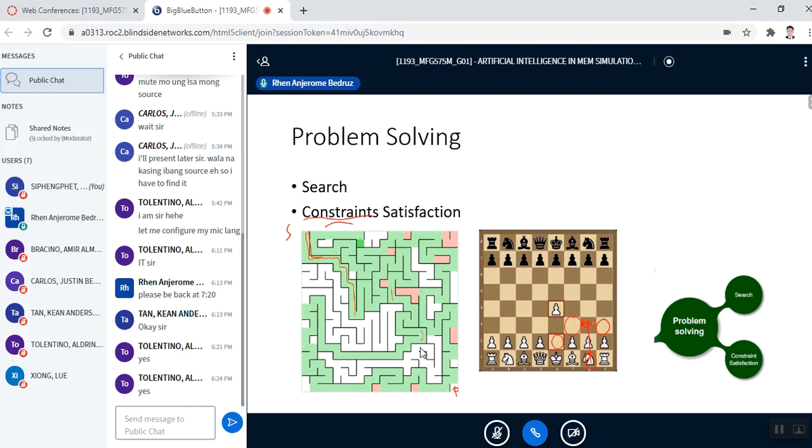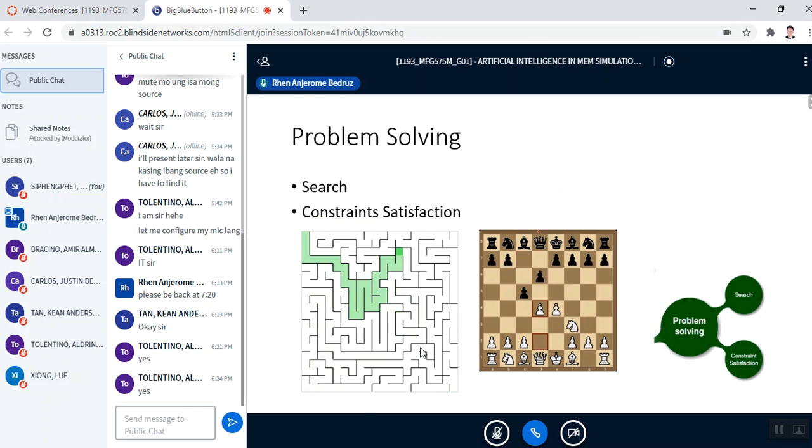So you have an L-shaped move. That's one of the constraints. Another constraint is that the bishop can only move diagonally. So you need to satisfy those constraints in order to win. That's constraint satisfaction, part of problem solving in AI.